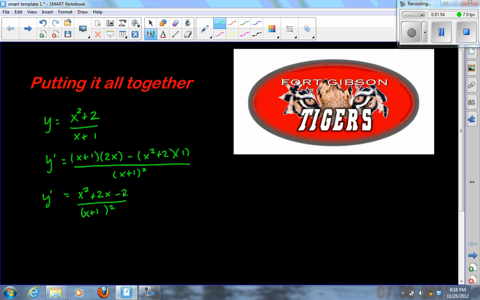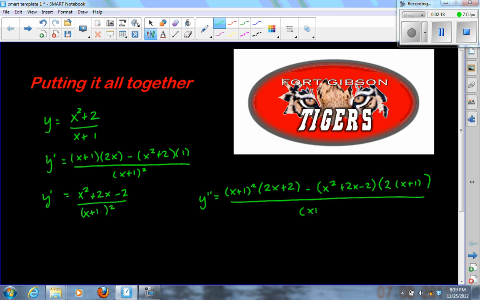This doesn't really factor and cancel any of that, so I'll keep it all like this and move into my second derivative, which would be low d high minus high d low, all over low low. And then I'll clean this up so I can look at this one.